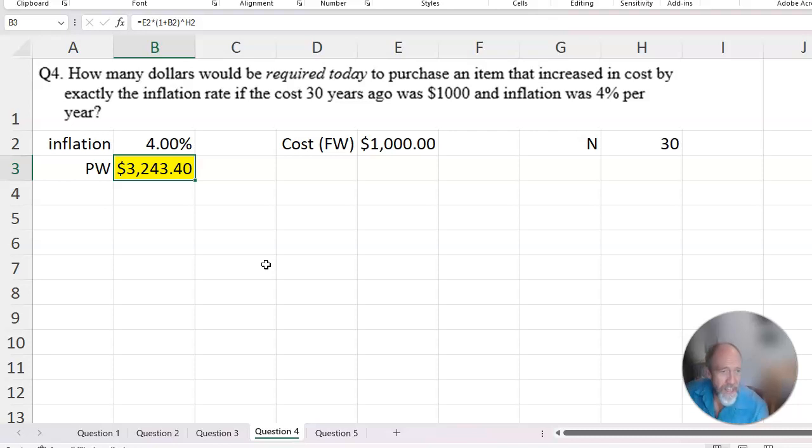We just are saying that the i in this case is the inflation rate. Okay. Just a way of wording it that was different. Okay. But the required today should have given it away. This is the present worth of something. And the only n we got is 30.